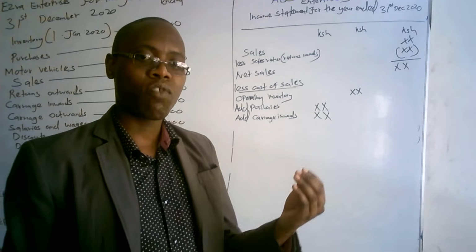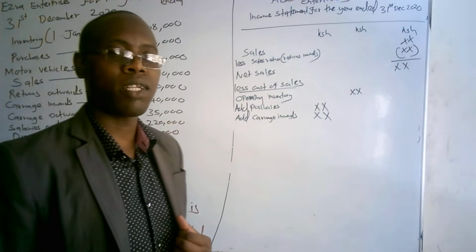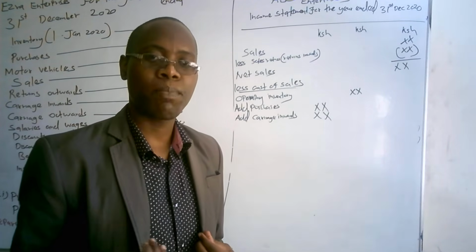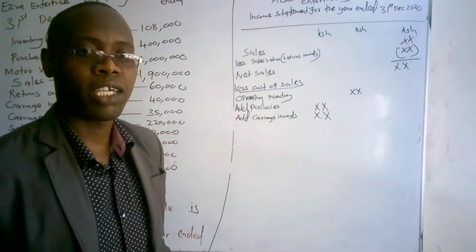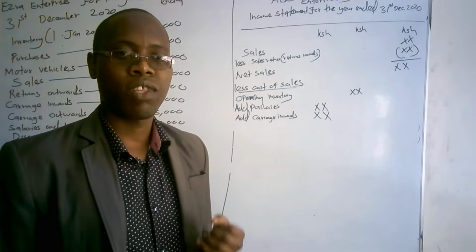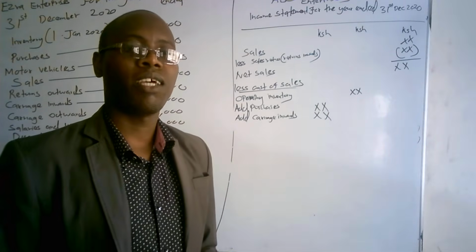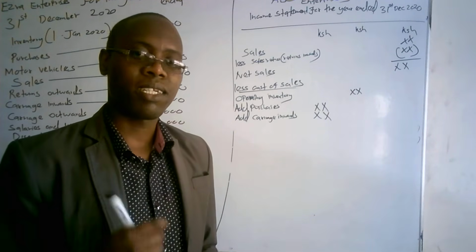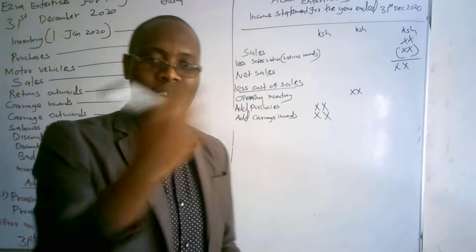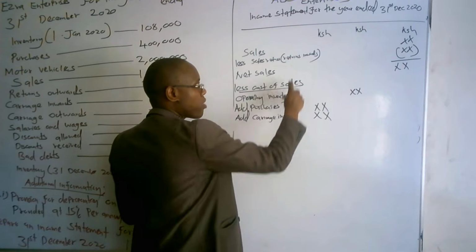So those returns that are made by your customers is what we call the returns inwards. The one that you sold and then they returned the goods back, maybe because you sold to them expired goods or goods that were not of the right quality or the right quantity. So if your customers return the goods to you, then that becomes the returns inwards or the sales returns. So what you had sold, now they are actually returning to the business. So don't confuse between carriage inwards and returns inwards.